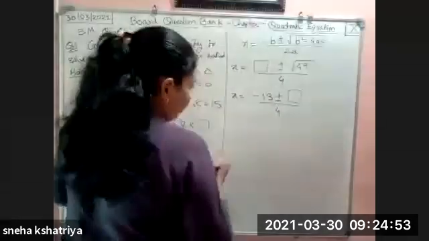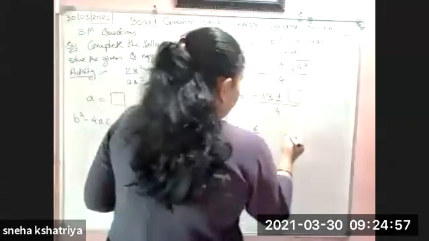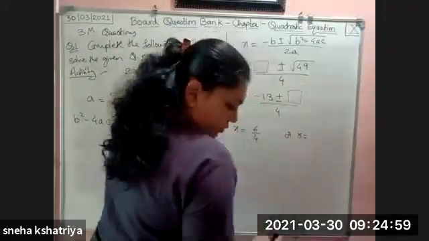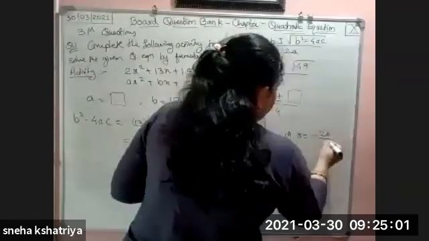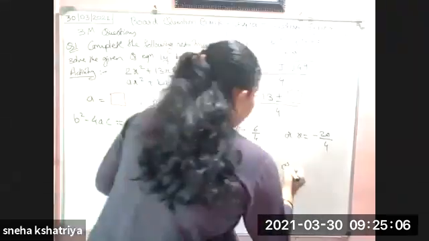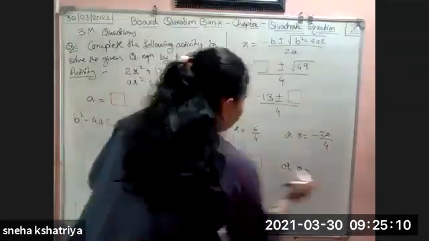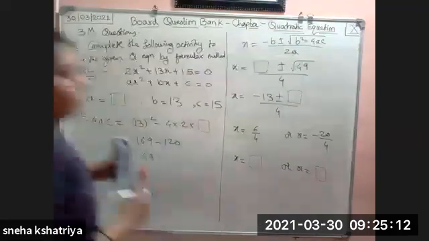And lastly, x is equal to 6 upon 4, or x is equal to minus 20 divided by 4, and x is equal to, or x is equal to, and here a box, and here is also a box.